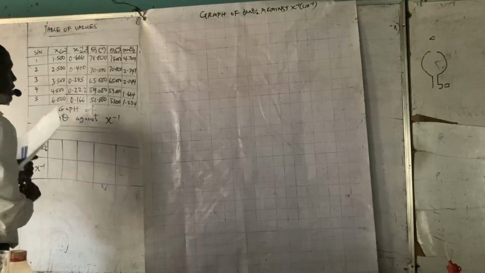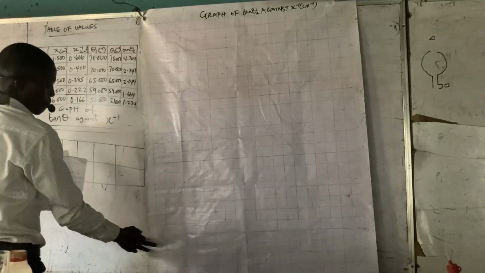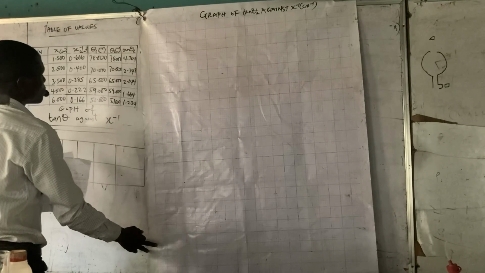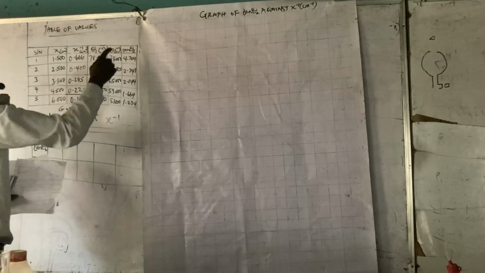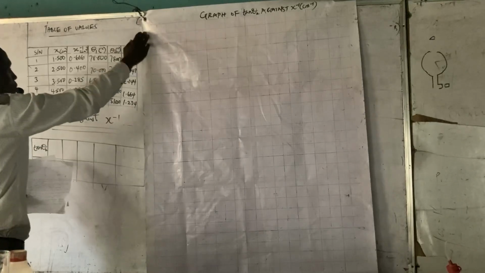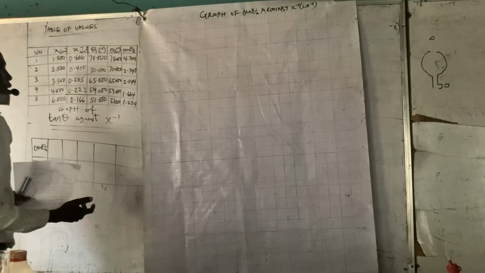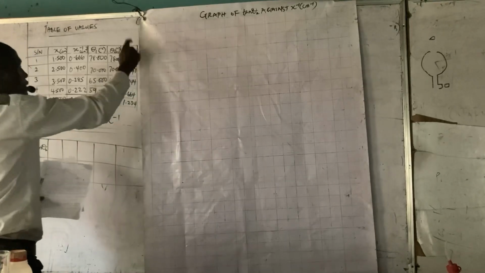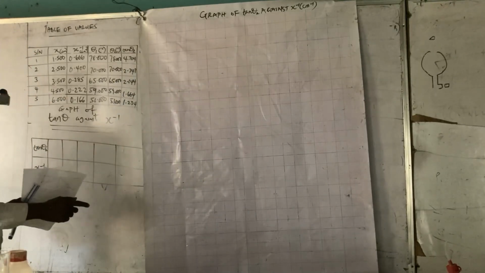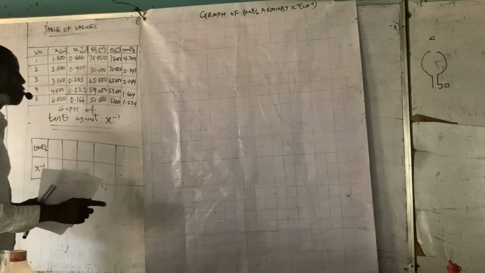For the vertical axis, you can use 0.02 times 10 to give 2.0. But if you use 0.05, times 10 gets us to 0.5.